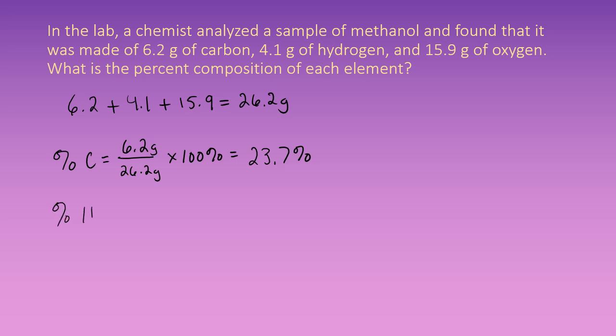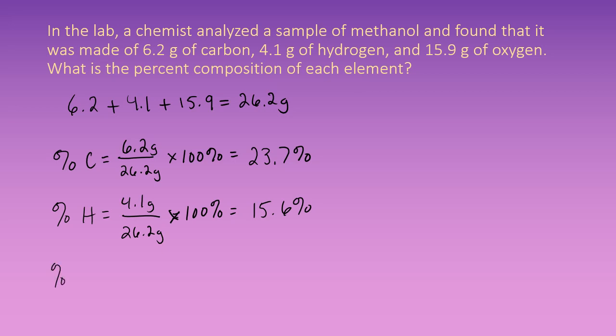For hydrogen, we see that we have 4.1 grams of hydrogen, and we know that we have 26.2 grams of total compound. Multiply by 100%. We see that we get 15.6% of our compound is hydrogen.